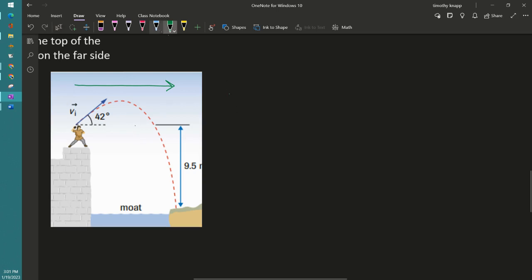So knowing that the velocity in the x direction is equal to the change in position in the horizontal direction divided by the length of time that it's flying through the air, what do I want to solve for? I want to know how far it went, or how big the moat is. So I want to know this variable. It's horizontal change in position, horizontal displacement, sometimes called the range.